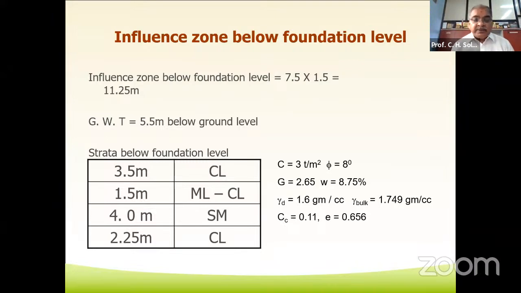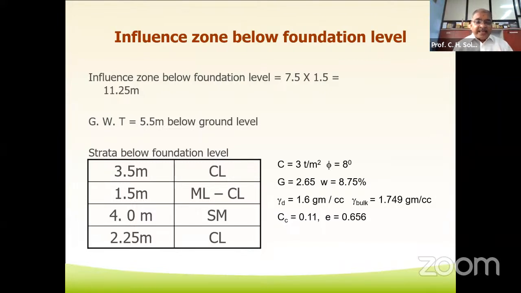The groundwater table position is 5.5 meter below the ground level. Cohesion value is 3 ton per meter square and phi value is 8 degrees. Specific gravity of the soil is 2.65 and water content is 8.75%. The compression index is to be taken as 0.11.